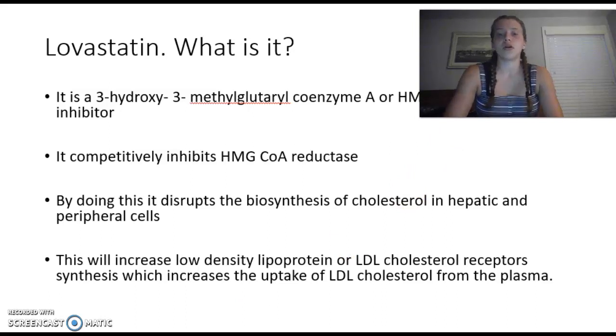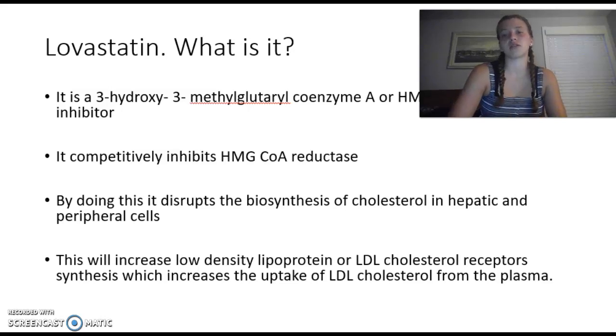This in turn increases LDL cholesterol receptor synthesis, which increases the uptake of LDL cholesterol from the plasma. In turn, this lowers the overall LDL levels, which is the ultimate goal.